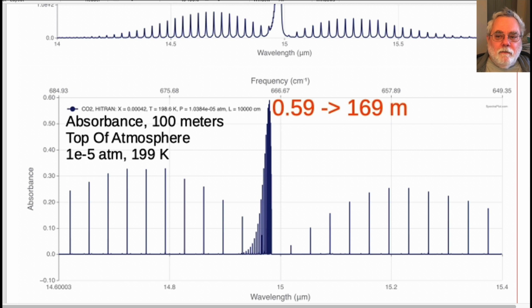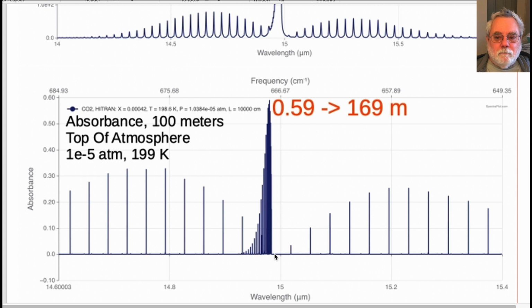But the absorption length at the top of atmosphere for a different wavelength close to the peak wavelength, like here, may have increased by a factor of 1,000,000 or more relative to the bottom of the atmosphere. Radiation that escapes to outer space at one wavelength, like here, is coming from the top of the atmosphere, while a slightly different wavelength, like here, is coming from the troposphere.